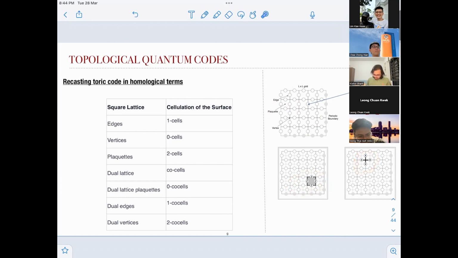Let's look at all this in homological language. The edges are 1 cells, vertices are 0 cells, plaquettes are 2 cells. The dual lattice is a set of co-cells. Plaquettes are 2 cells, but on the dual lattice they become 0 co-cells; edges are 1 co-cells, and vertices become 2 co-cells. So it's dual in that sense also.